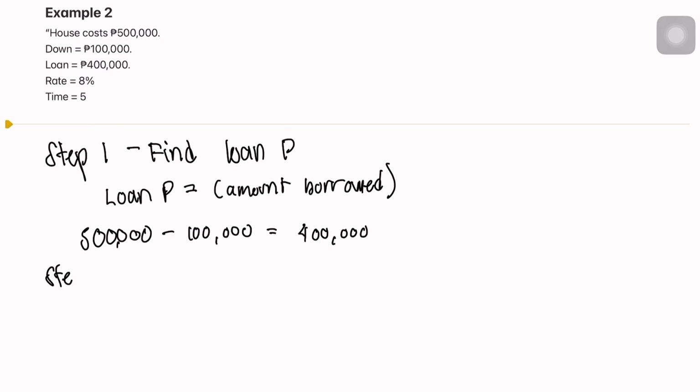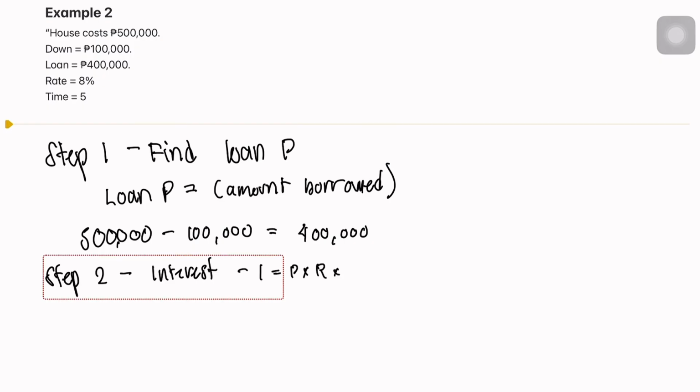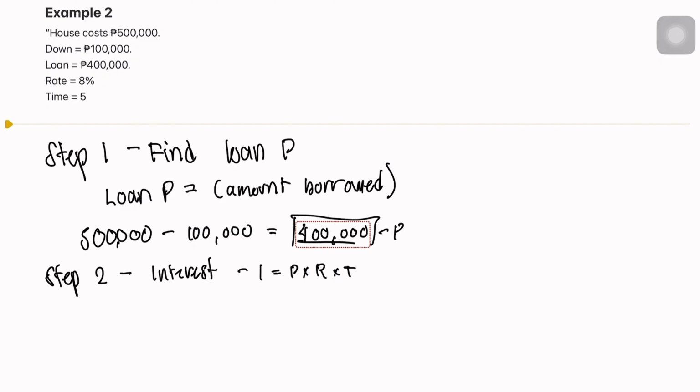Now let's move on to step 2. For step 2, let's find the interest. How do we find the interest? Using the formula I is equal to P times R times T. First, we have to make our percentage to be decimal.